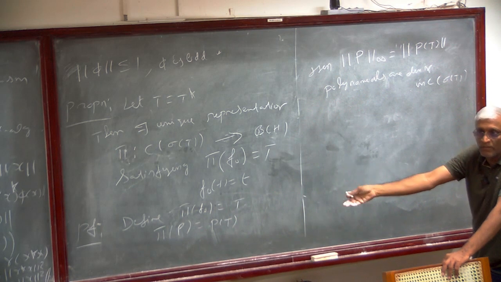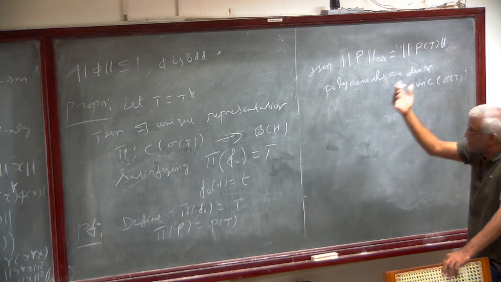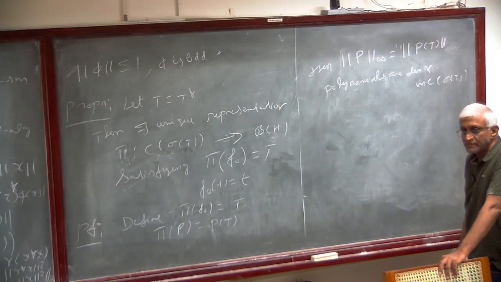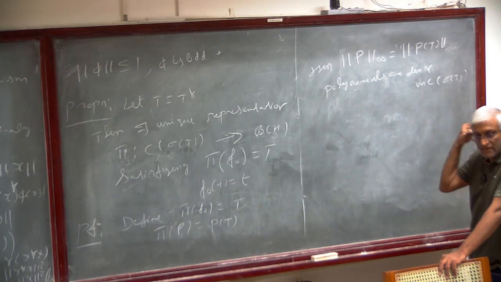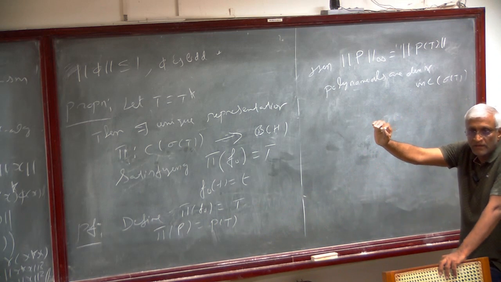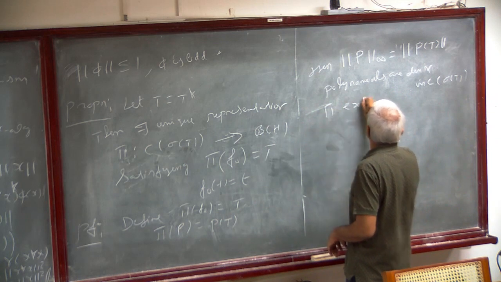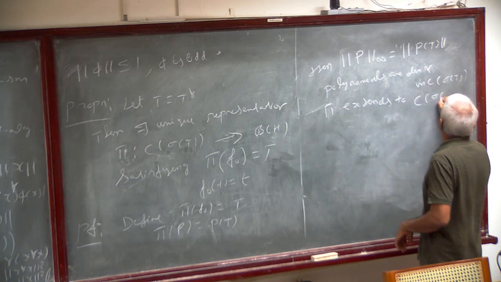It will automatically be a homomorphism if you define it on polynomials. When you define it this way, it is defined on all polynomials, which is a dense subspace, and it is norm-preserving. In particular, it is uniformly continuous, so you can extend it to the closure. So pi extends to C of sigma.